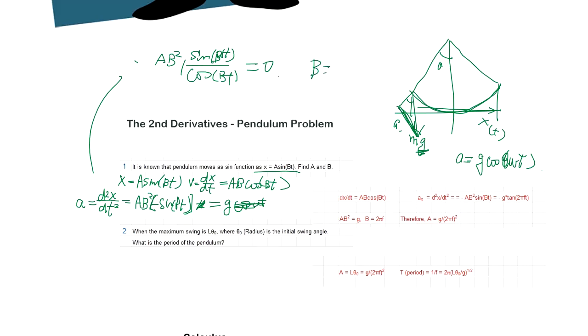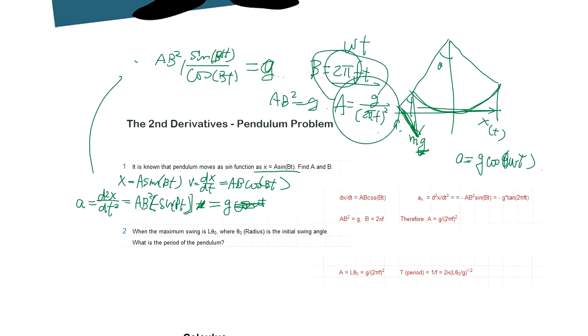So b is 2 pi f t. This is omega t. Omega is 2 pi f, right? And ab squared equals g. So a is actually g, gravity, divided by (2 pi f) squared.